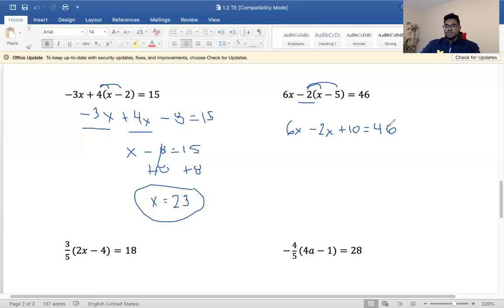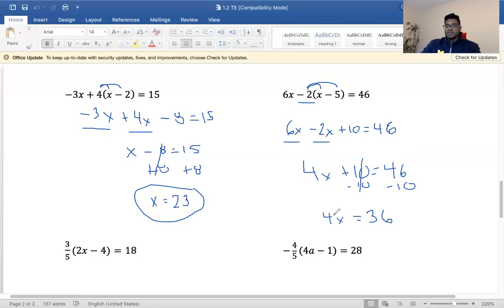So now you got something like this. 6x and negative 2x, they combine to make 4x. Let's isolate the variable, subtract 10. These cancel out. 4x equals 36.